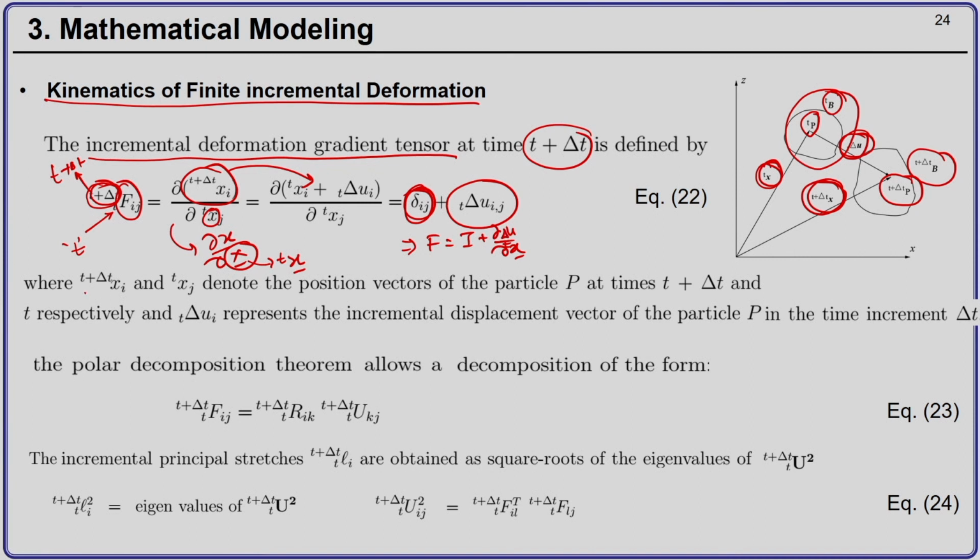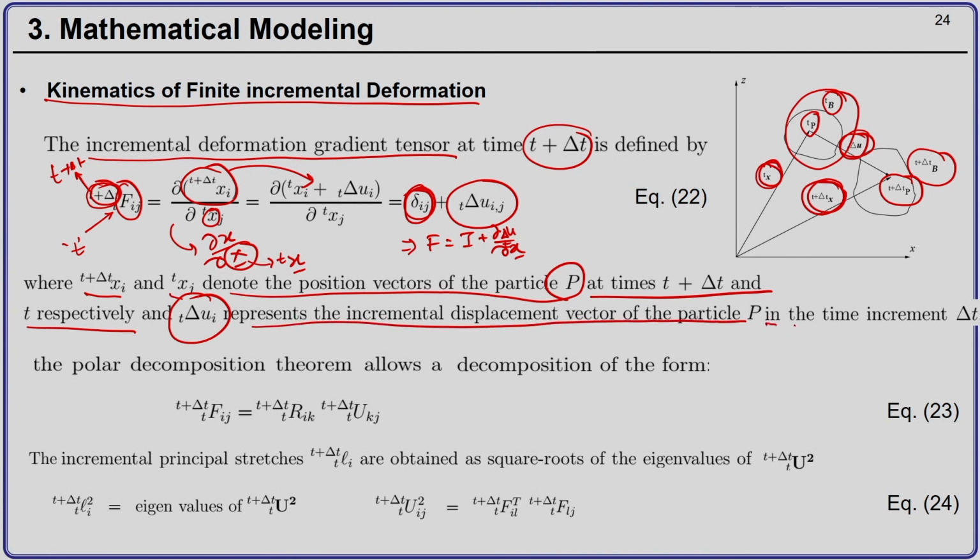Here, x at t plus delta t and x at t denote the position vectors of particle p at time t plus delta t and t respectively, and this quantity delta u represents the incremental displacement vector of particle p in the time increment delta t. So, delta u denotes the displacement of particle p from t to t plus delta t.